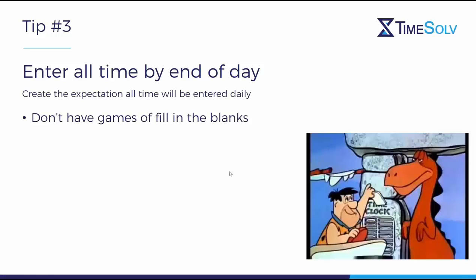Okay, and so what it ends up being is a game of kind of fill in the blanks as they try to get to that 40-hour mark. Maybe they forgot about a phone call. Maybe they missed 15 minutes. They judged that the meeting they had at the coffee shop with a client lasted 45 minutes when it really lasted an hour.